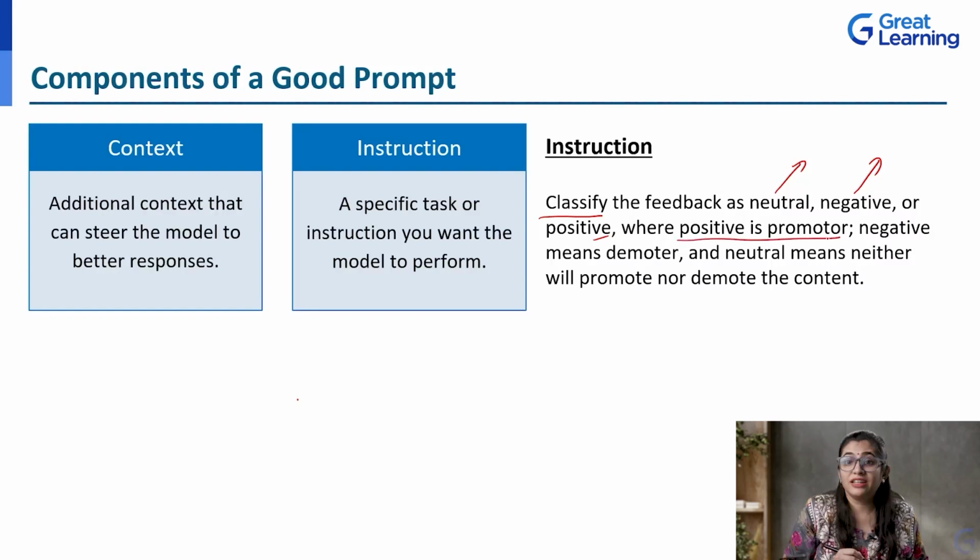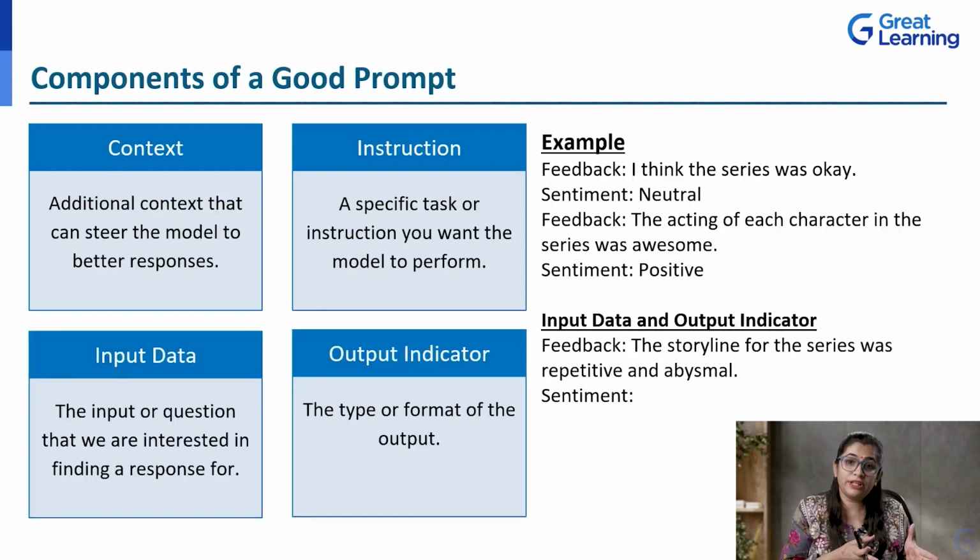Positive means your consumer is your promoter. Negative means they are a detractor. Neutral means they are neither promoter nor detractor. They are neutral towards your content. This is the instruction that you give, what the ChatGPT or generative model needs to do. This is what it is doing. Classifying.